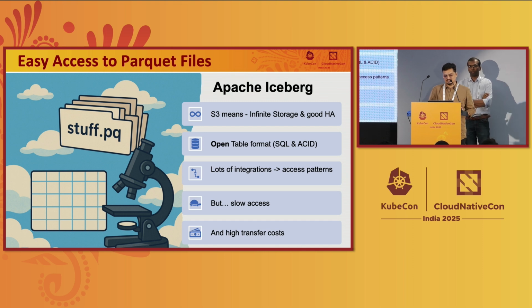No prizes for guessing, SQL is something that's everywhere. So why not have an SQL layer on top of that data and use Apache Iceberg, let's say, for it. Lakehouse based off S3, which provides you infinite storage and really good HA characteristics. It's around 11 nines, if my memory serves right.